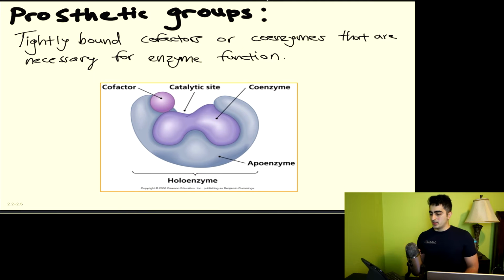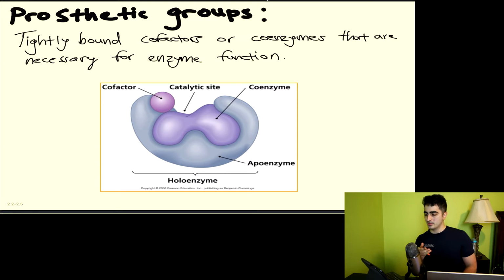Now, something else we want to talk about that was briefly mentioned in the chapter is what a prosthetic group is. So prosthetic groups are tightly bound cofactors or coenzymes that are necessary for enzyme function. So here we have a cofactor in the active site. We have the active site, the coenzyme, the holoenzyme, the apoenzyme. And we have a prosthetic group, which we'll see with hemoglobin.